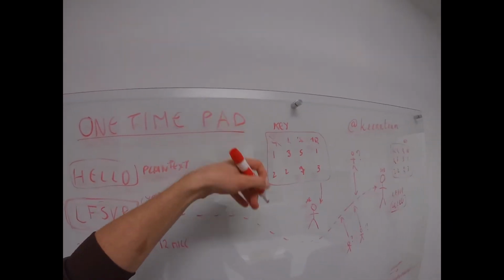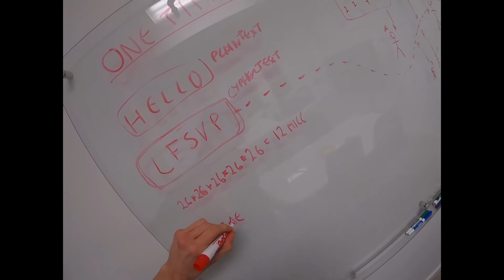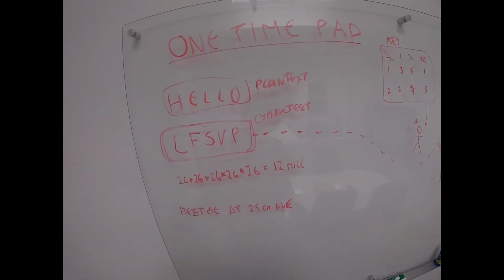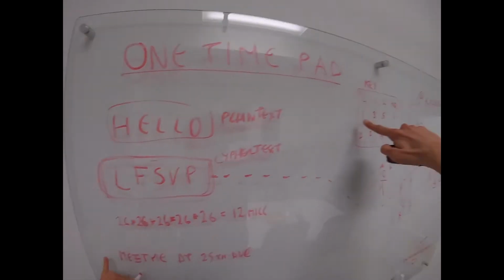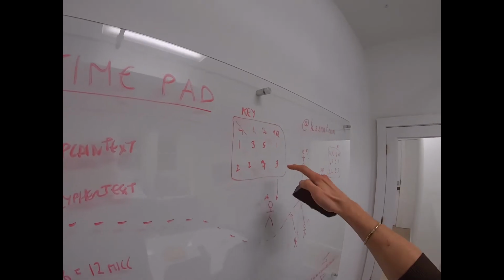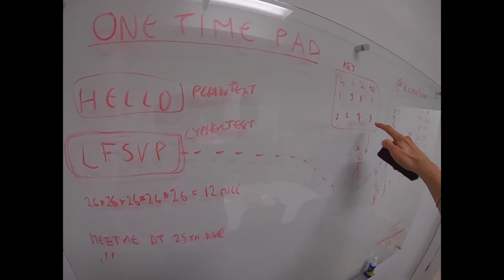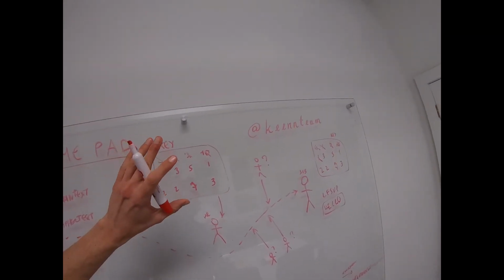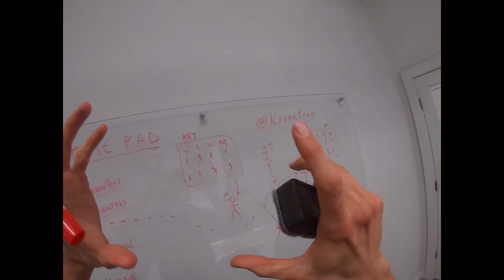And again, if I want to tell Bob next, meet me at 25th Avenue, for example, very bad example, then I'll have to continue with this pad and shift this by 1 and shift this by 3 and shift this by 5, etc. Obviously if my key runs out of shifts, I cannot, I repeat, I cannot go back and reuse them, because then we're going to have the Vigenère situation, we're going to have a pattern, and attackers can figure out patterns in the plain text if you repeat the key.